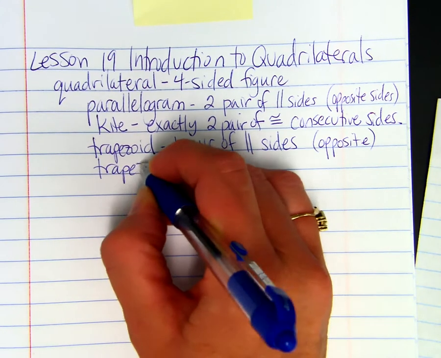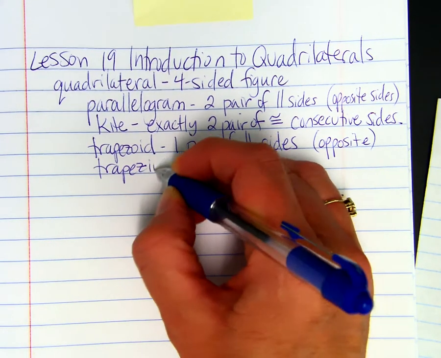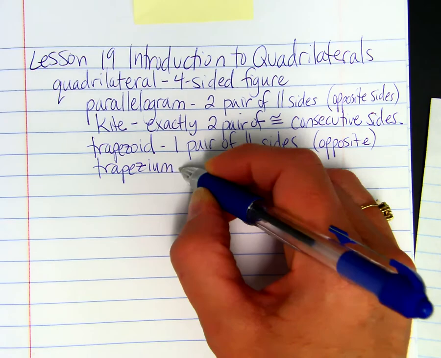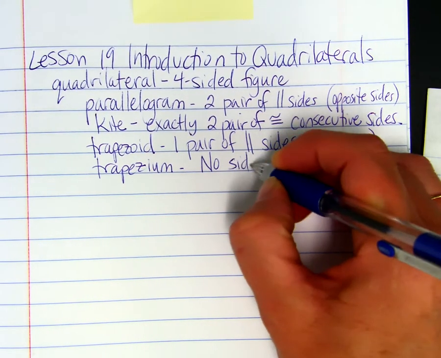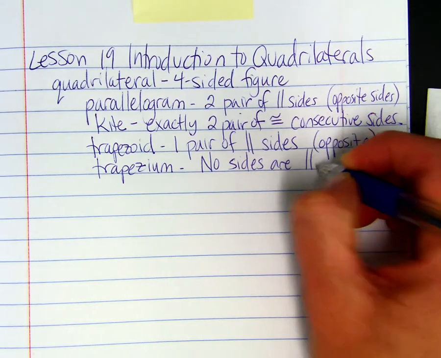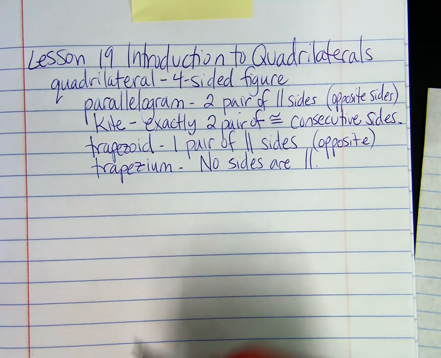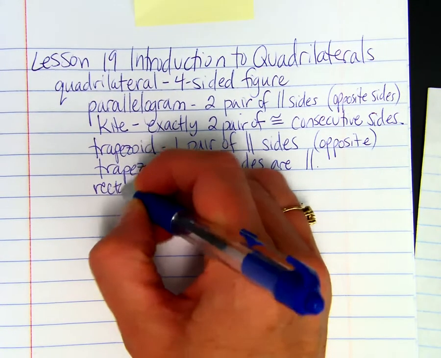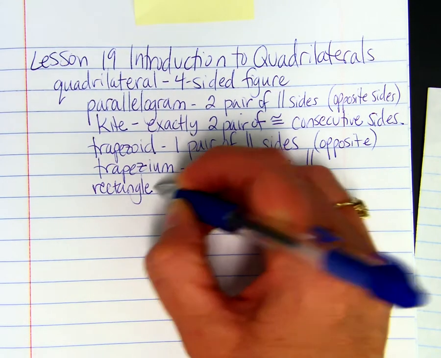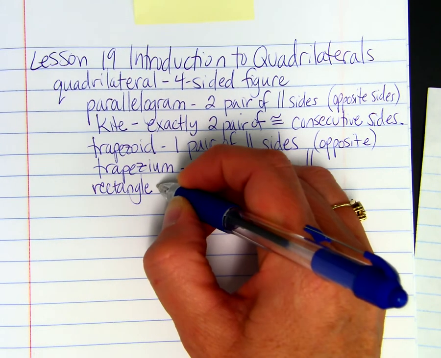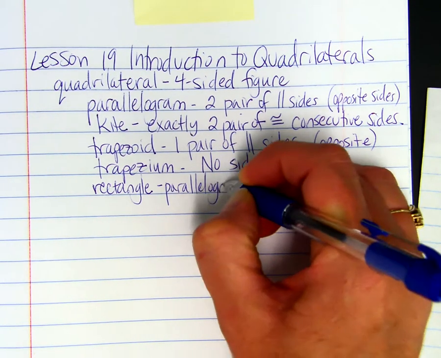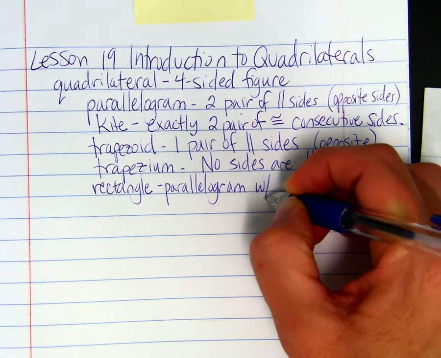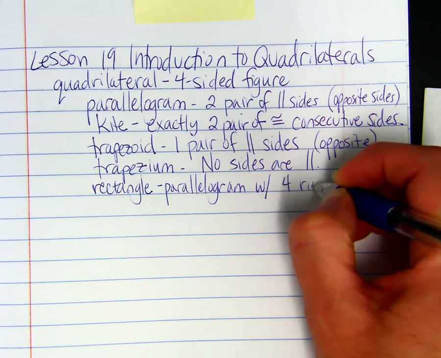Trapezium, I feel like we don't hear that word very much, but basically no sides are parallel. The definition of a rectangle: in order to be a rectangle, all it needs is a parallelogram with four right angles.